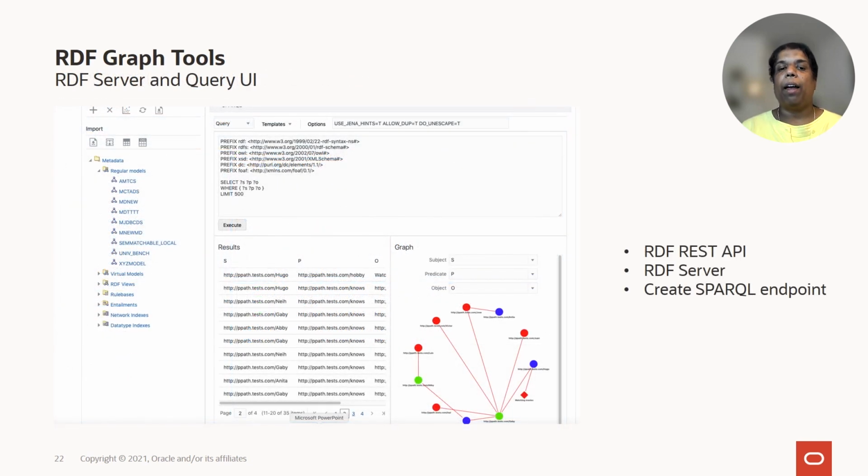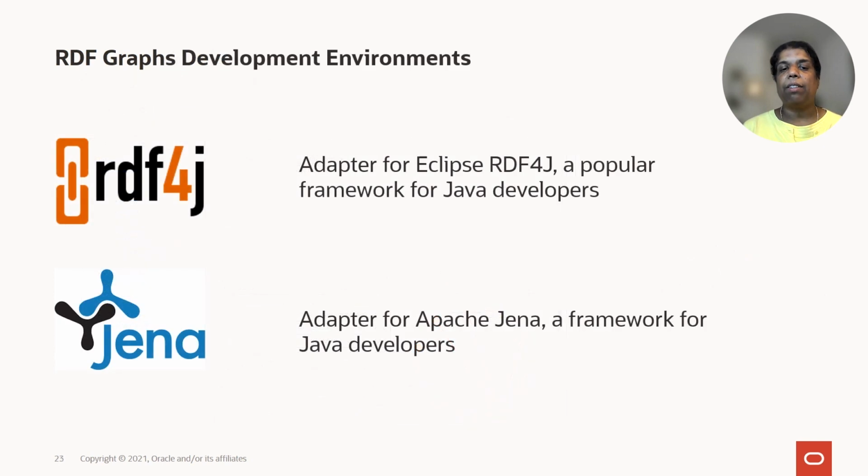We also have an RDF graph server and an RDF REST API. You can use this to stand up a SPARQL endpoint, as they call it, so that you can send requests via HTTP to be processed by this endpoint against data in the database. It also includes a visualization component. So you have a comprehensive set of tools that you can use when you're working with RDF graphs in your applications.